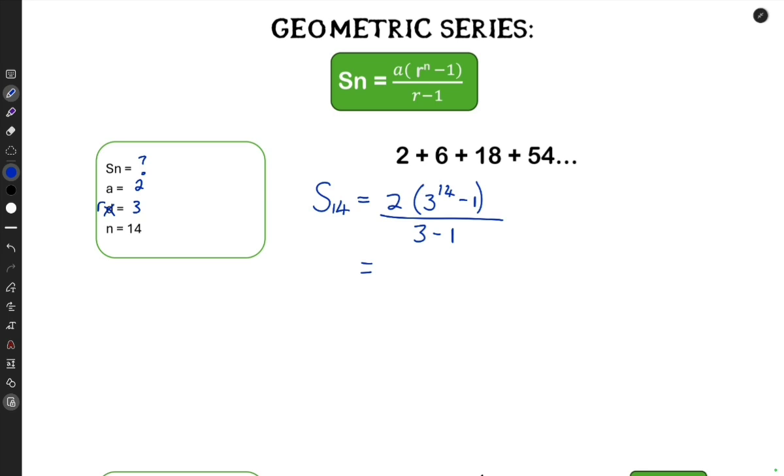This is quite a big one, 4,782,968. So something you'll notice with geometric sequences, it's either very big or it is very small fractions. Just get used to it. It's not a mistake on your part. The answers are very big or very small sometimes.